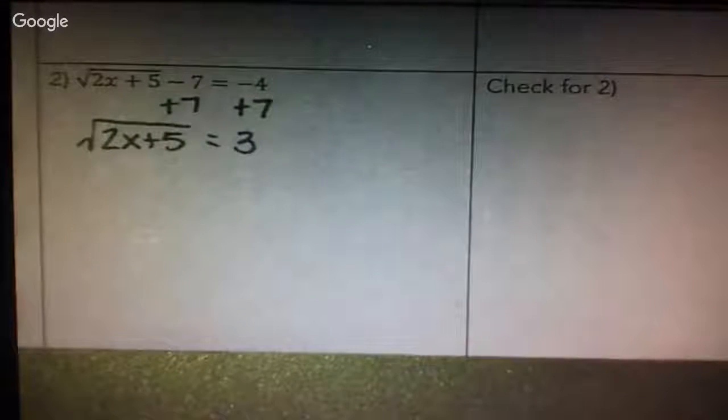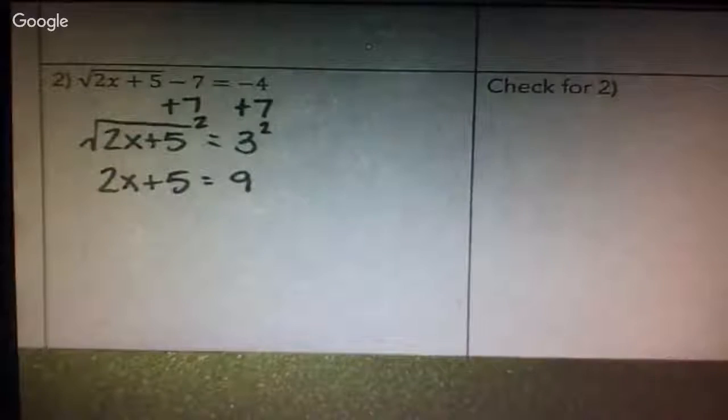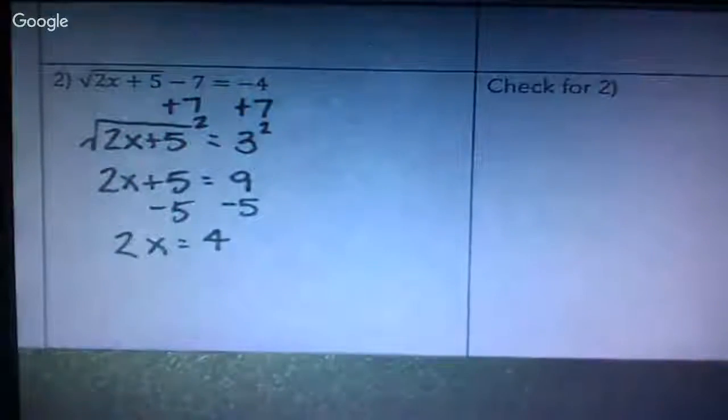Now that the radical is by itself, we square both sides. So 2x plus 5 equals 9. Okay, I subtract 5 from both sides. So 2x equals 4 and x equals 2.